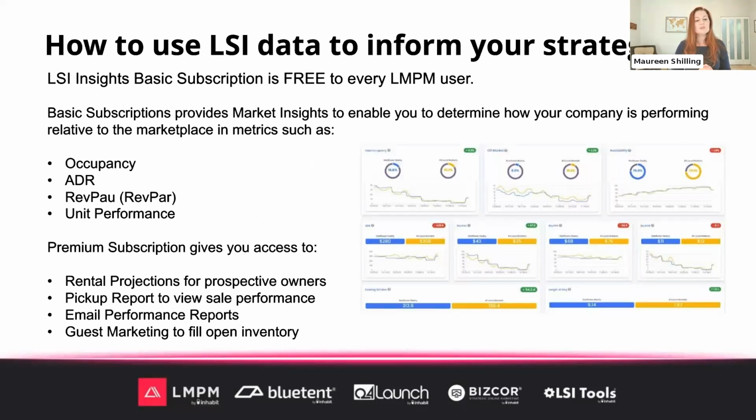The basic subscription is going to provide you metrics such as your occupancy, your ADR, your RevPAR, or RevPAR as it's also called, and unit performance information. All of this information is going to be comparing you to your marketplace as well as to yourself as of the same date last year.